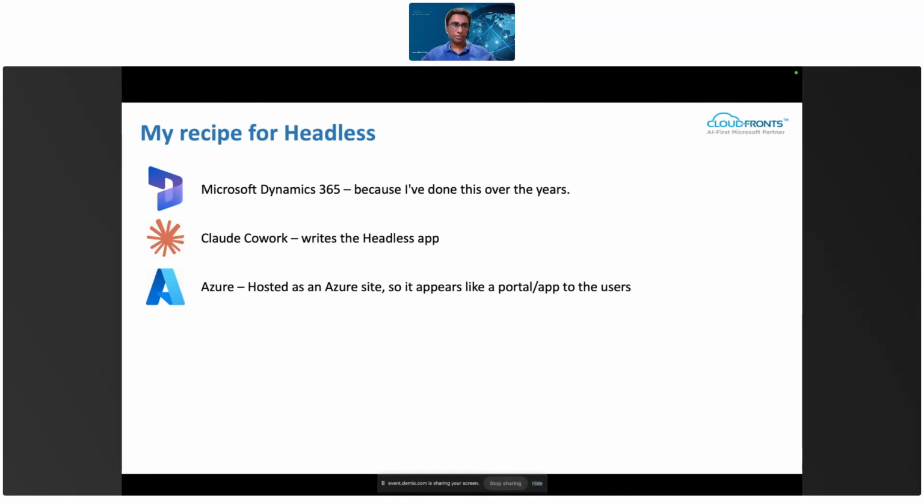I just thought Cloud Cowork is the best choice for now, and it helps me to write the headless AI app because it works on my machine. It writes all the HTML files, the static pages, adds all the JS, adds all the CSS, and it makes my website ready. And once this is ready, I need my team to access it, so it must be hosted somewhere.